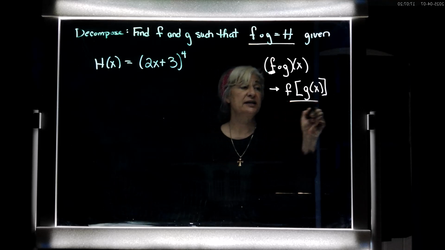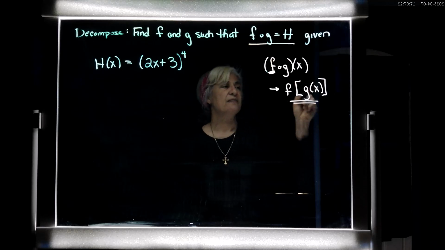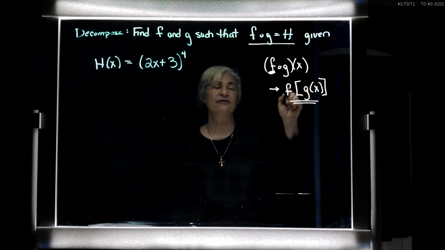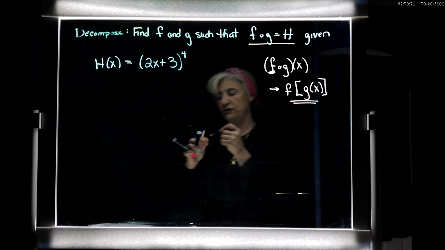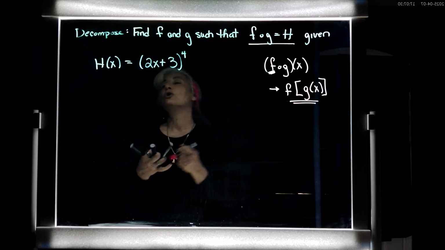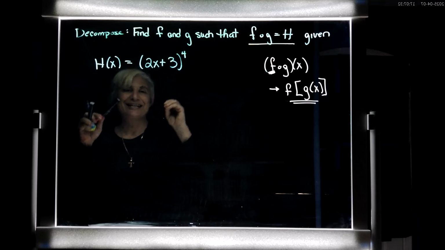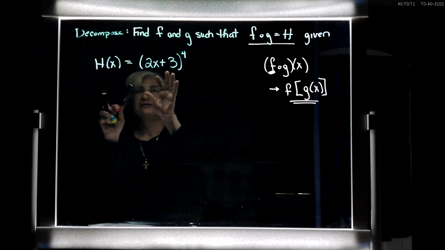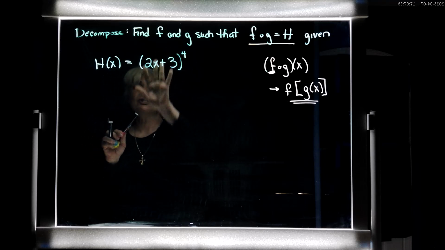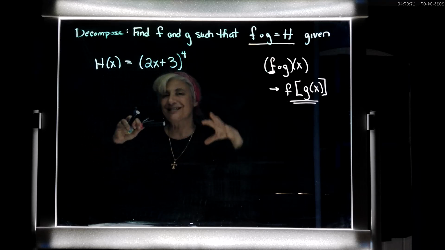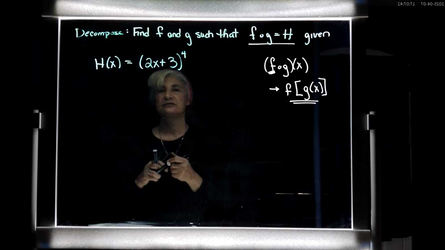So, understanding that we're plugging g into f, which means g is inside of f, let's look over here. Which function is actually inside this function on the right-hand side? What one looks like it's inside the other?